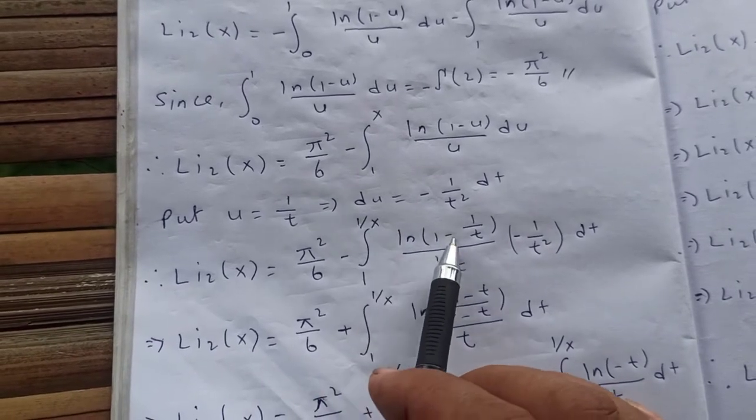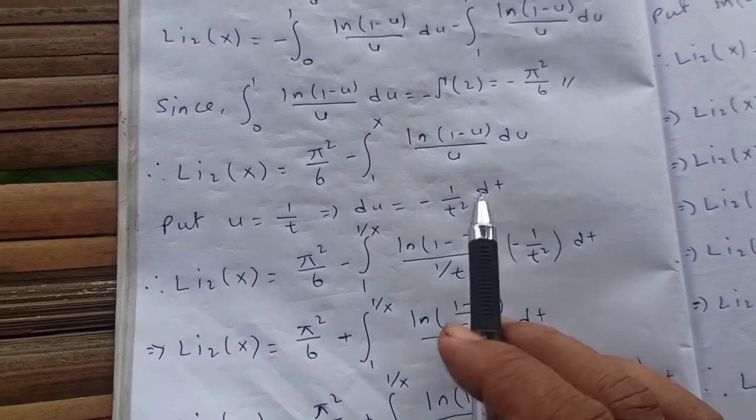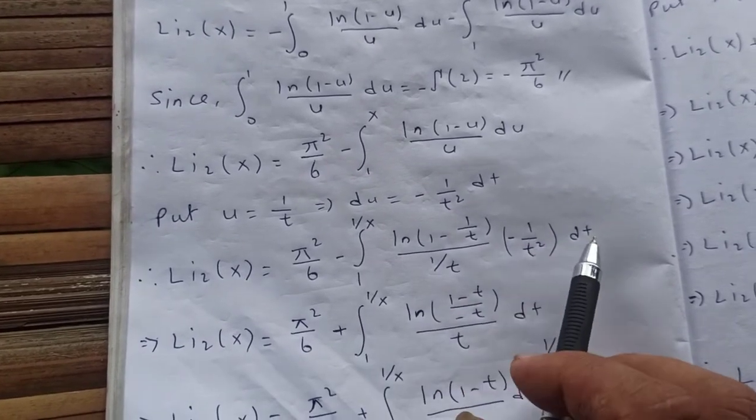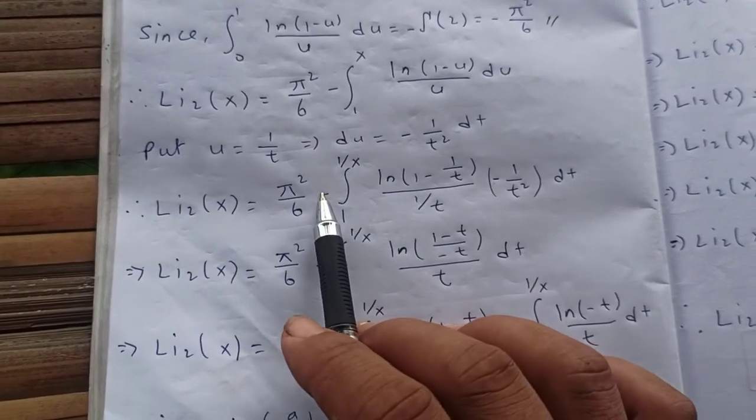So log of 1 minus u becomes log of 1 minus 1 over t, right? u is 1 over t, and du is negative 1 over t square dt. This negative and this negative become positive.